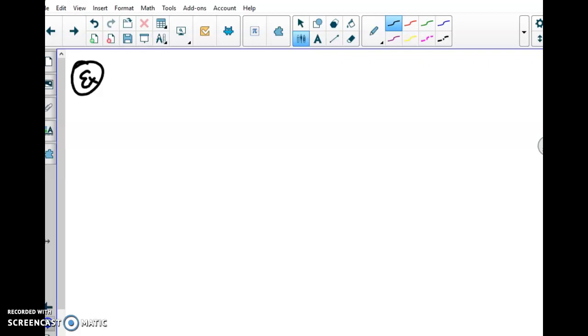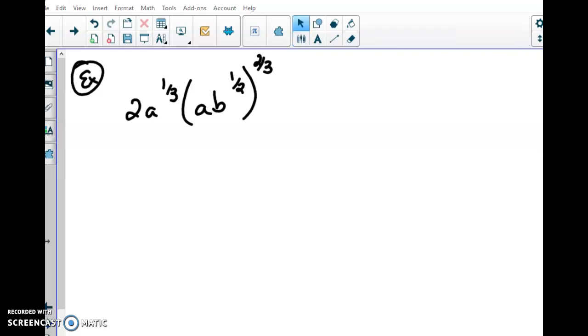So let's say that we have 2a to the power of a third times ab to the power of a half, and that is raised to the power of 2/3. So when I'm looking at this, I'm going to take care of order of operations, parentheses, exponents.